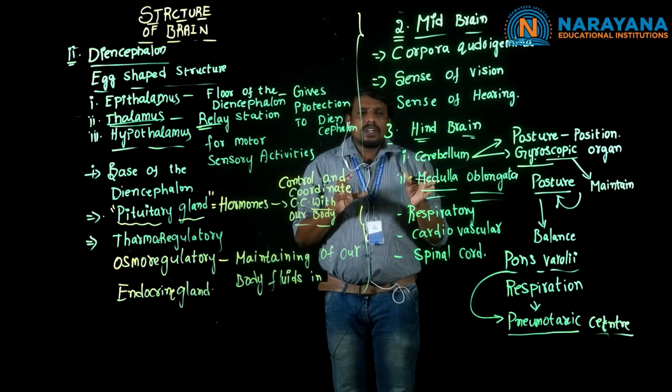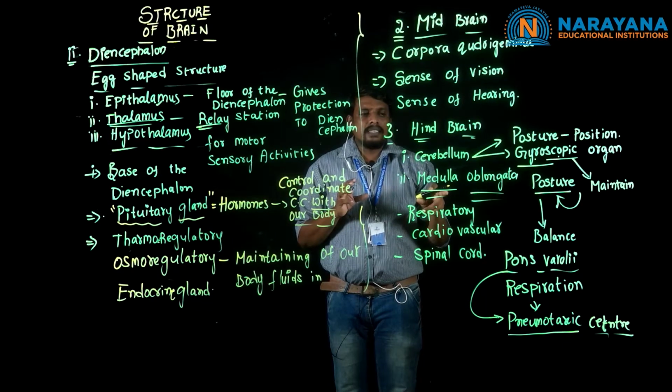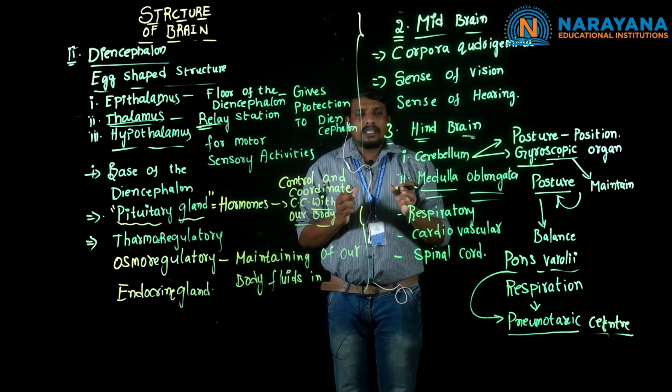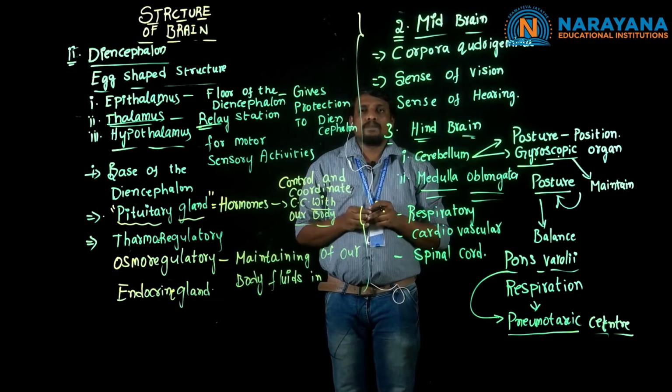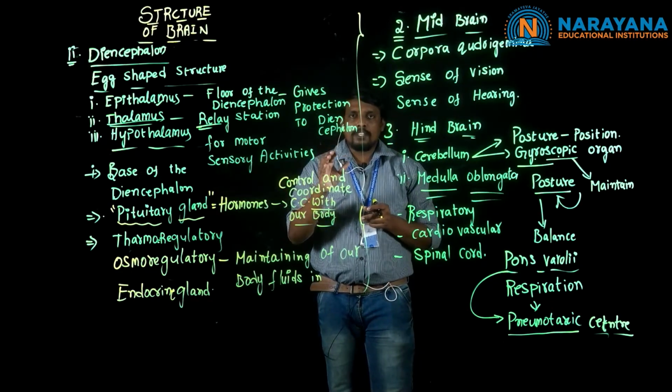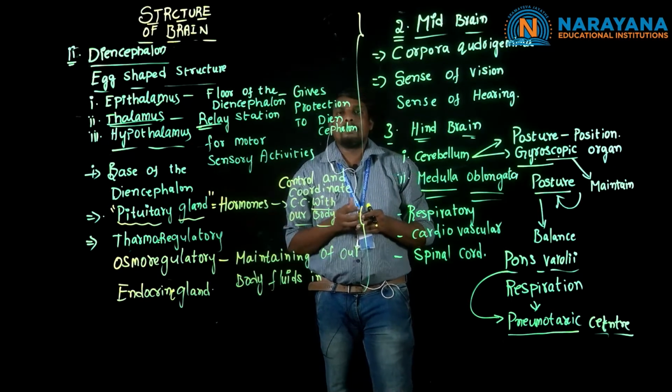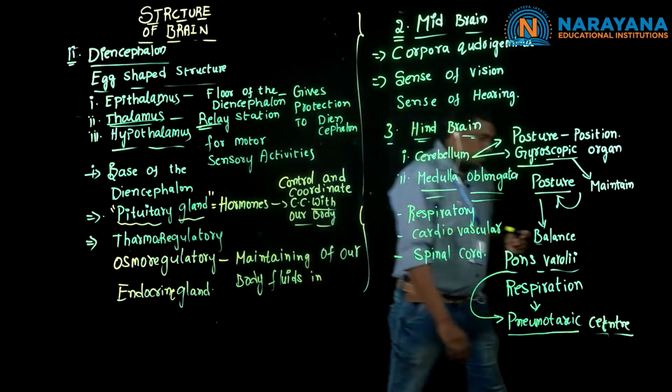Only the pons varolii has the pneumotaxic center that controls the inhalation and exhalation process. During this inhalation and exhalation, the concentration of the blood is continuously changing and it is monitored by the pneumotaxic center that is under the control of the pons varolii. Anaerobic respiration is quite opposite to the pons varolii. Clear?